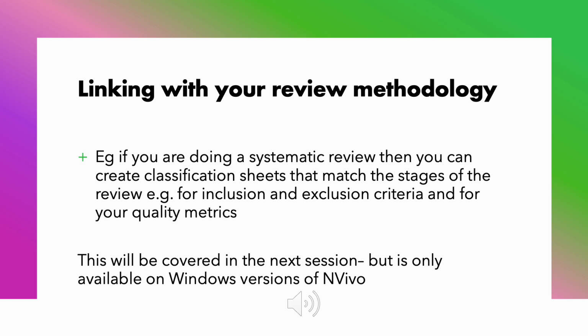We'll look a little bit more into how to do some of this in the next session, but I want to come back to this a bit later. You don't want your systematic review process to be too complicated. We try to make the review process and then the node system as straightforward as possible.